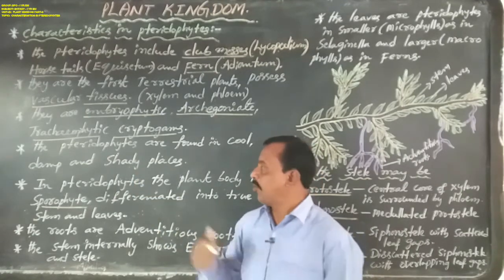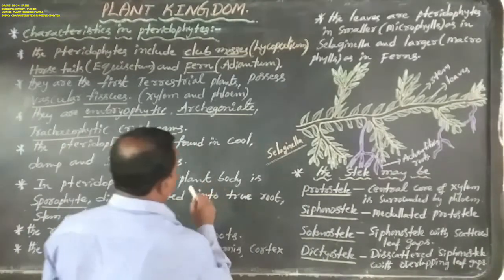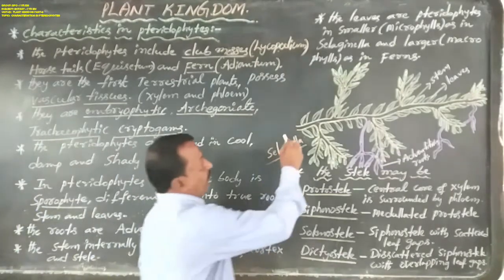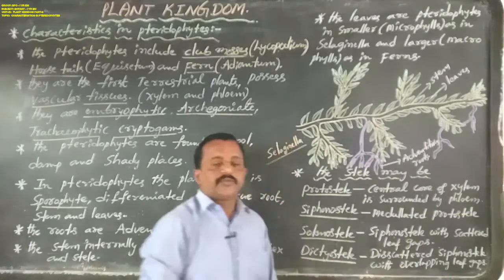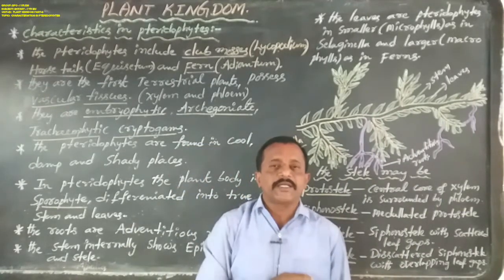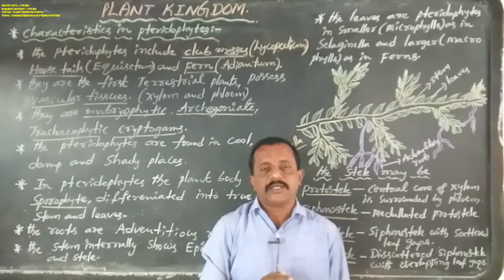This is very important. And another point: in pteridophytes the plant body is a sporophyte, but in bryophytes the plant body is a gametophyte. Don't confuse them here.